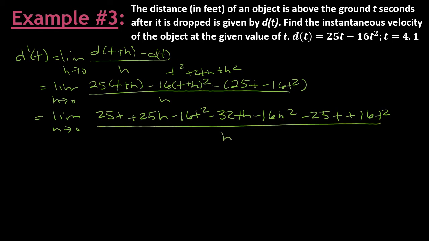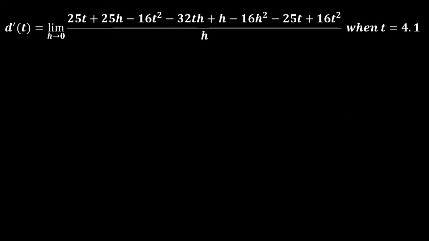All right, I was afraid of running out of room, so I'm going to go to the next slide. This is basically exactly where I left off, so if you need to double check this, then you can. Except I feel like I see a loose h here. I don't think I should have this plus h. Ignore that. Okay, so I'm going to start canceling things. So there's negative 25t and positive 25t.